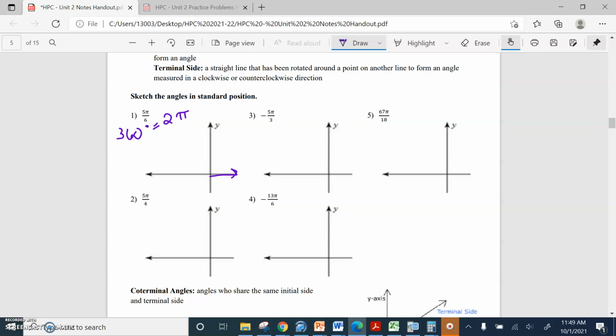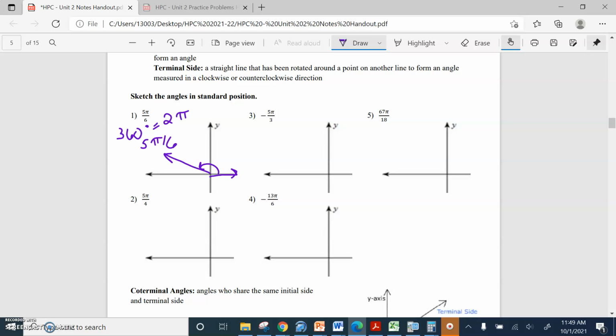So 6 pi over 6 would get us all the way back around to the other side of the x-axis. But we're just shy of that by 1/6. So that angle would be something like that, maybe. Then we just draw that in, and there's our 5 pi over 6. Simple as that.